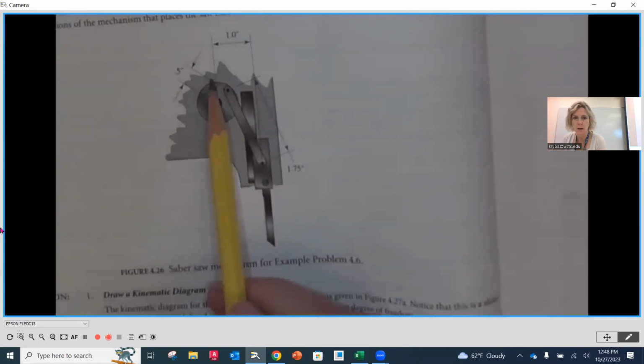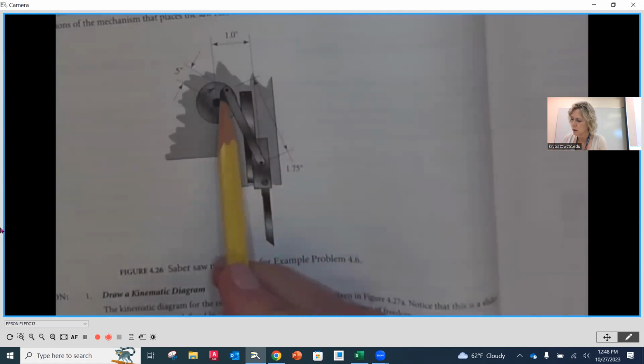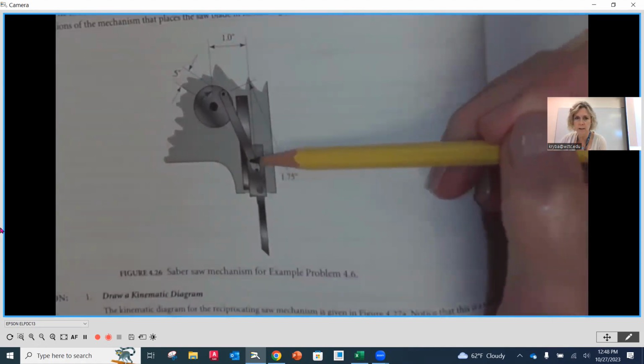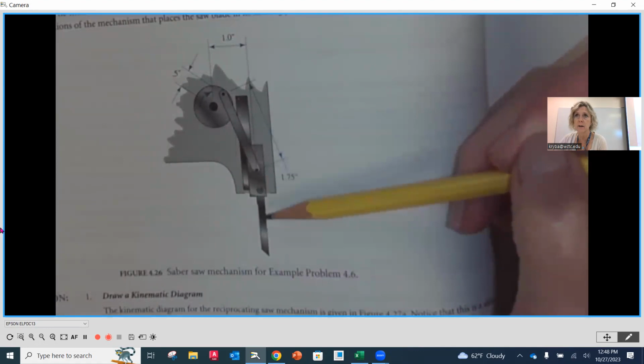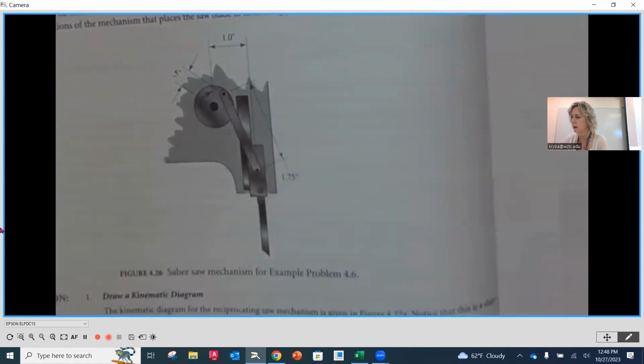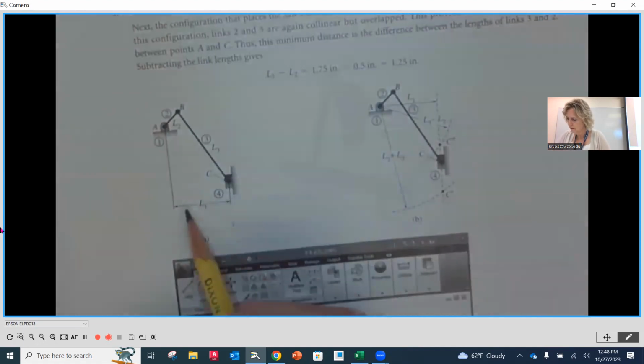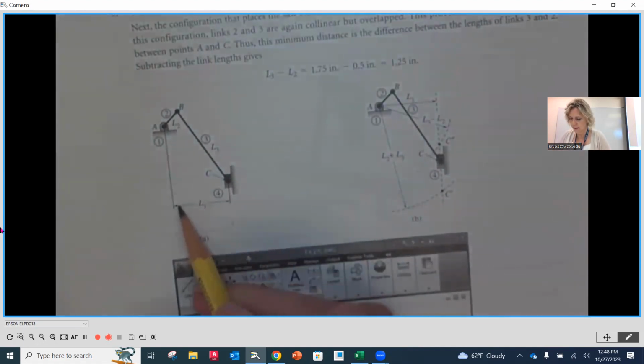So right now, this is an offset from the rotation. So if this is our rotation, this is an offset dimension to the number 1. So this would be the middle of our slider going up and down. Yeah, so it's just that offset dimension. So over here, it would translate to this distance right here, distance 1.